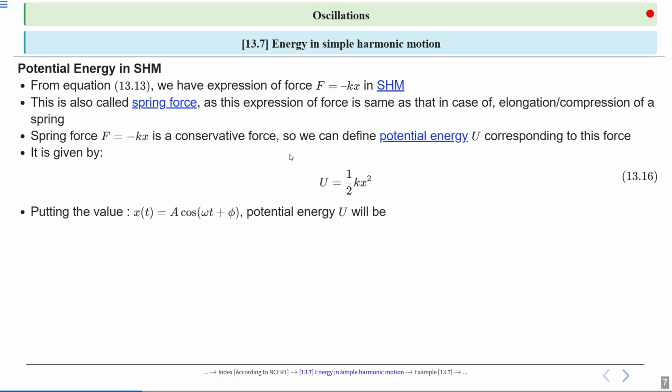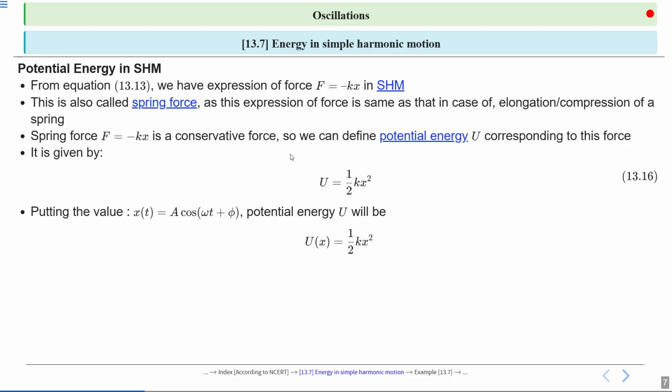So now let's connect this to the motion of the oscillator. If the position of the object at time t is given by x of t is equal to A cos(omega t plus phi), where capital A is the amplitude in meters, omega is the angular frequency in radians per second, and phi is the phase constant. So we can substitute this into our potential energy formula to see how capital U, or potential energy, changes over time.